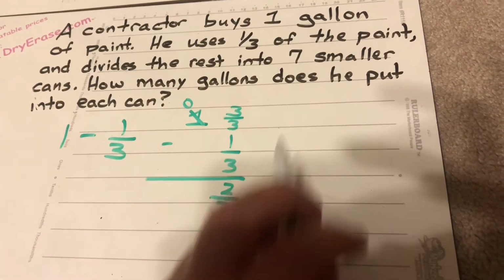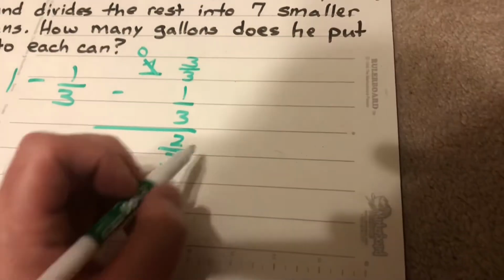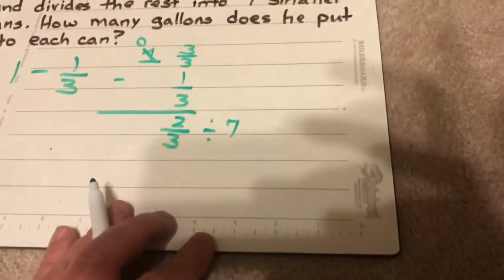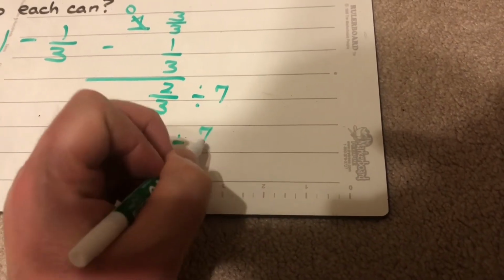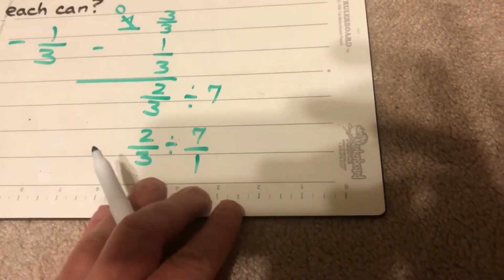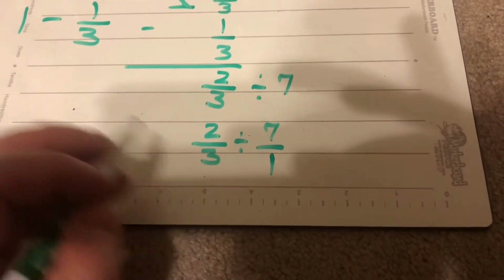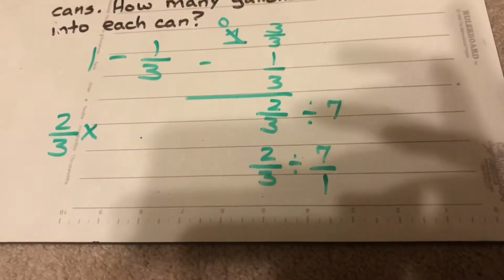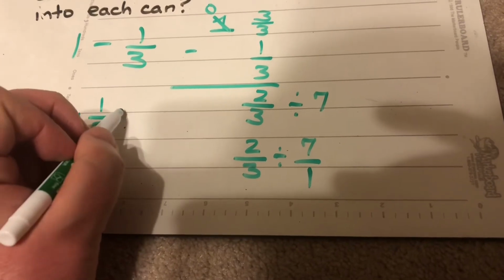It says he divides the rest into 7 smaller cans. So I'm taking this 2/3 and dividing it by 7, which, as you know, is essentially 2/3 divided by 7/1. Well, I have to take division problems and turn them into multiplication problems. My first fraction, 2/3, stays the same. My division sign becomes a multiplication sign. My 7/1, I'm going to make the reciprocal, 1/7.